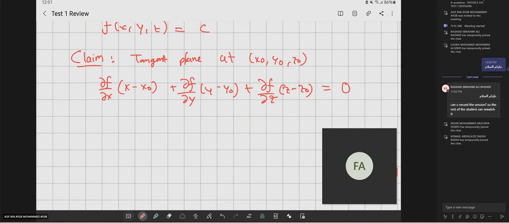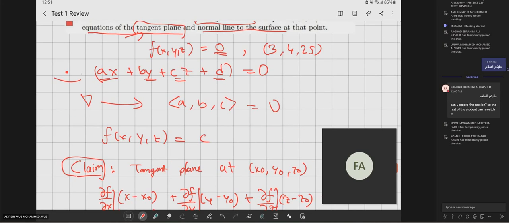The whole thing equals 0. Okay, this is the claim, and these derivatives are all computed at x naught, y naught, z naught. Okay, so let's do this. This is what I claim, and the justification comes from this.